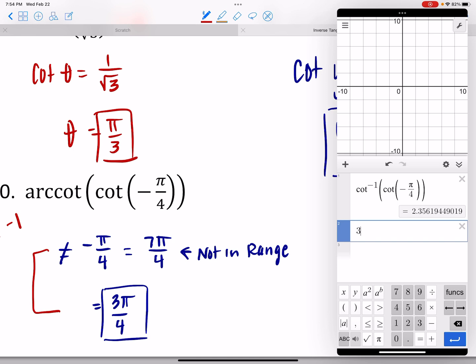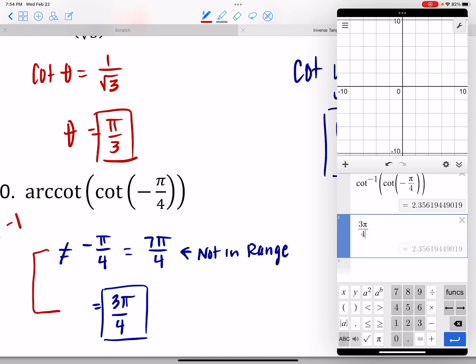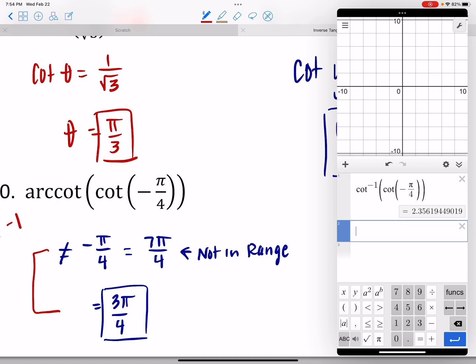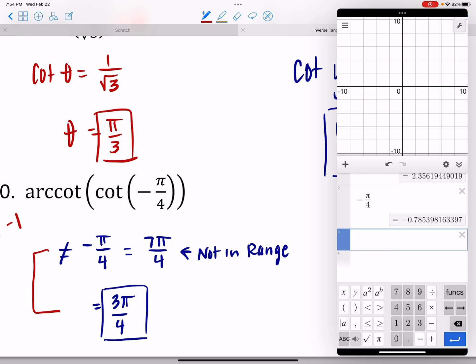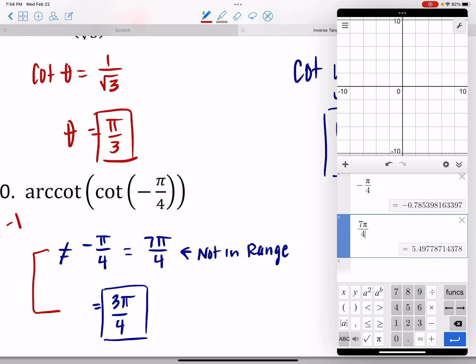So if I type 3 pi over 4 in, I can see the same decimal approximation. If I had stuck with the original, which was not in range, and put negative pi over 4 in, it's not the same answer. And if I converted that to 7 pi over 4, still not the same thing.